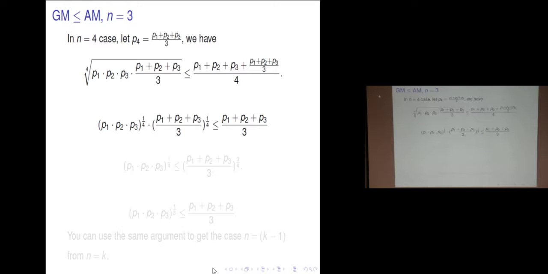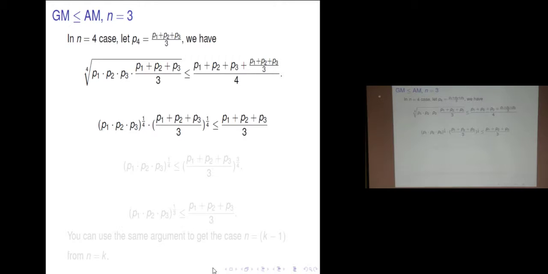First, the fourth root is the same as raising it to the power of 1/4. So these give you this power, and for the sum, again, you get the average raised to the power 1/4. Now here, I claim the right-hand side is this. Can you see? Because p1 plus p2 plus p3 is 3 times this number.